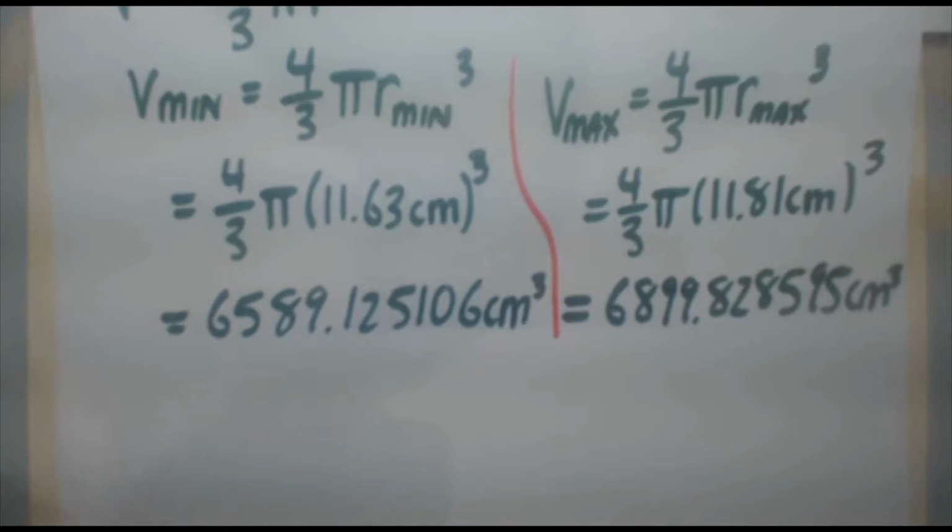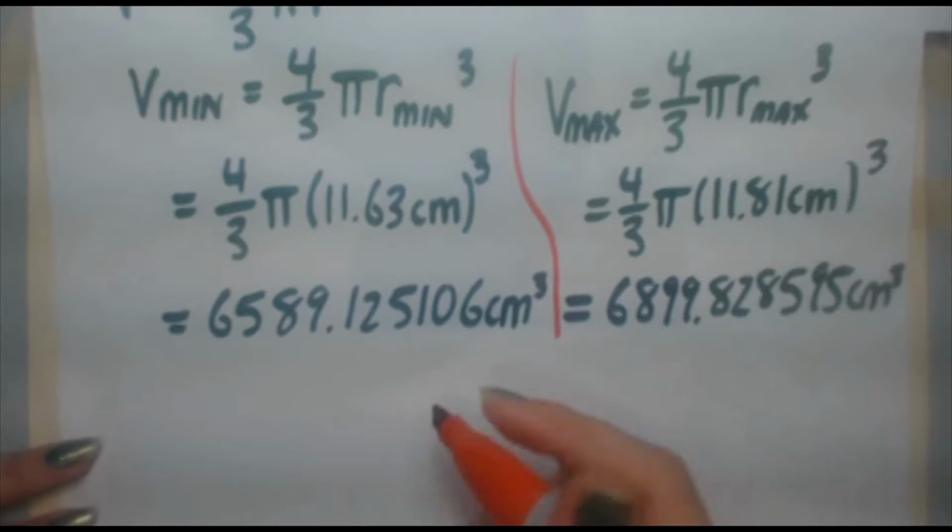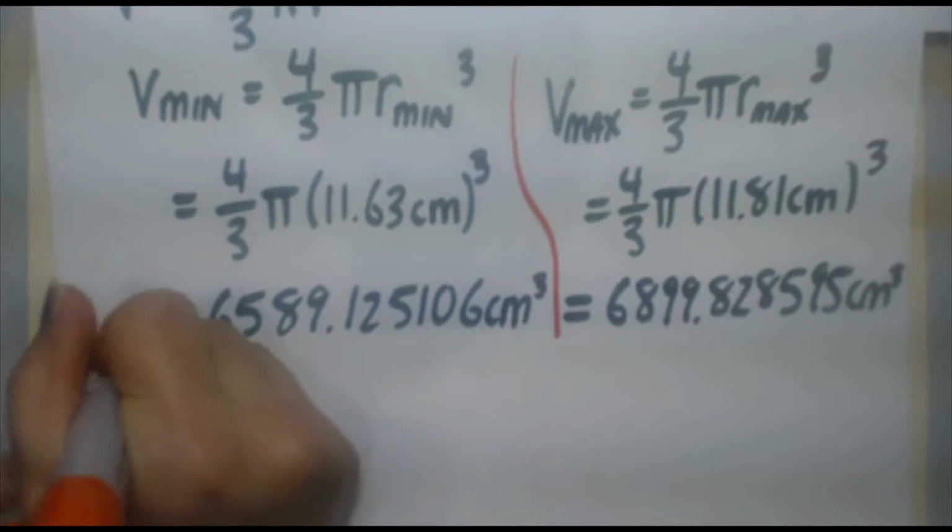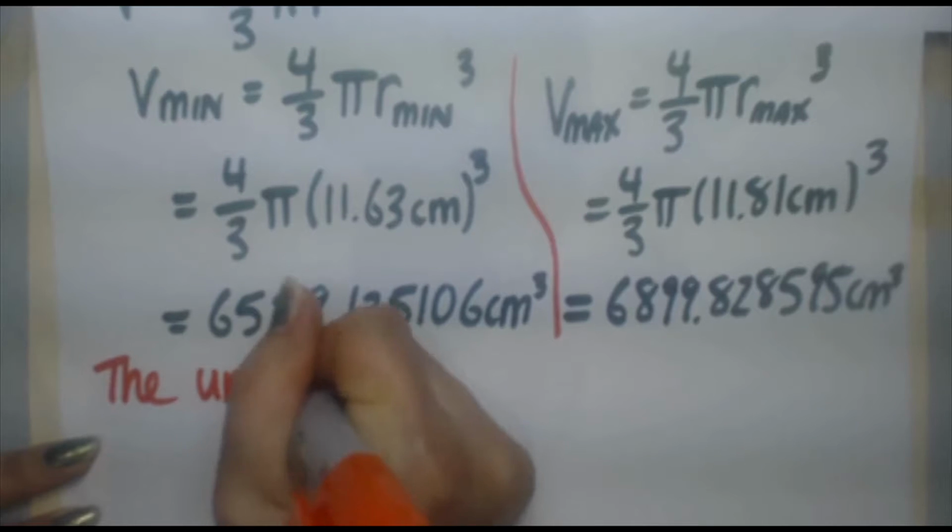Now here's the thing. The uncertainty in the volume is half the difference between these extreme values. Let me write that down for you.